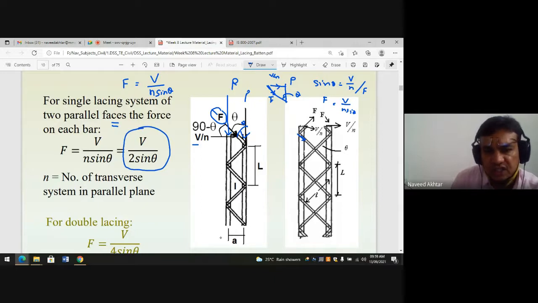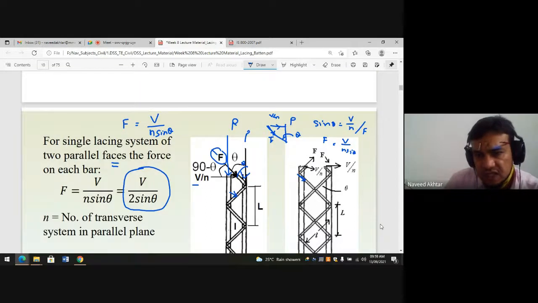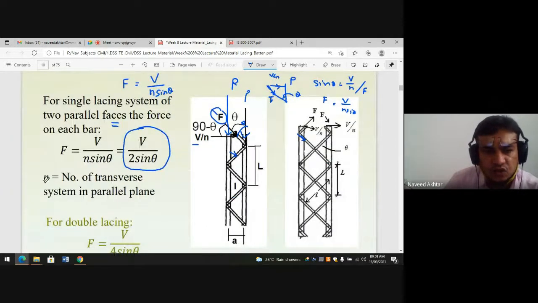Why 2? Because in a single lacing system, one is a face and another is the opposite face. So that's why the N value is 2. N is the number of transverse systems in the parallel plane.